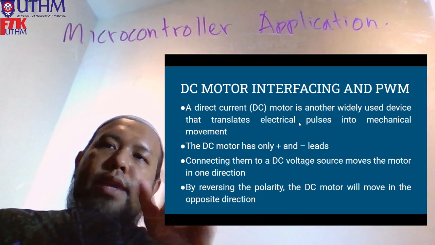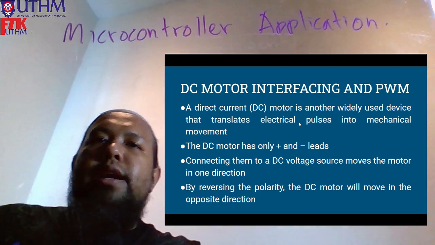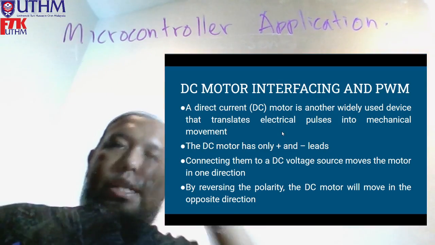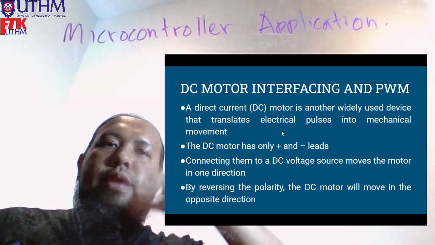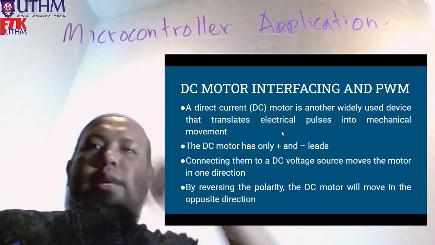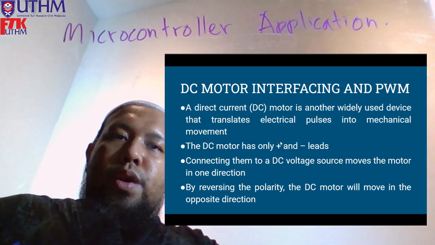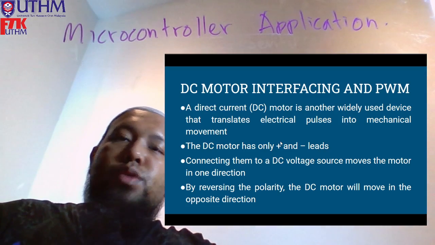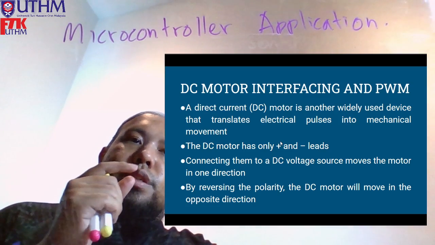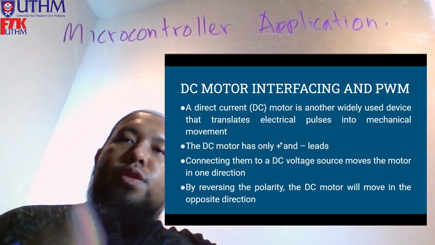We have positive, negative, and then we can flip the polarity into the other direction. If you change the polarity, it will change the direction of the motor. If at first it turns clockwise, you change the polarity and it will turn anti-clockwise. So that is something that we need to know, and why? Because we're going to control this.